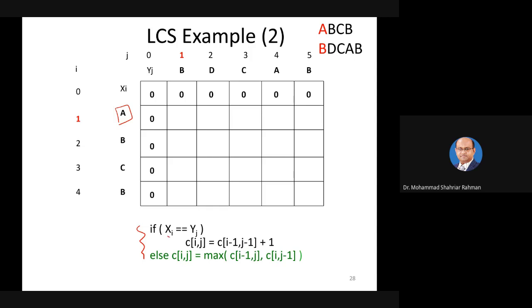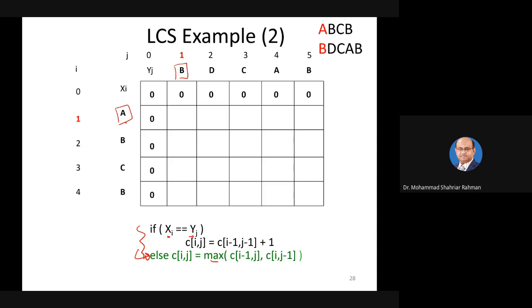If xi is equal to yj, xi is A, yj, here we have B. No match. Right? A, B are not equal. So we go to this else. Else কি বলছে?